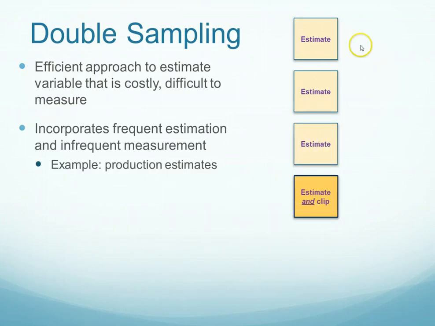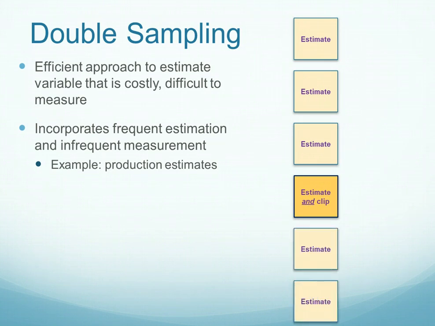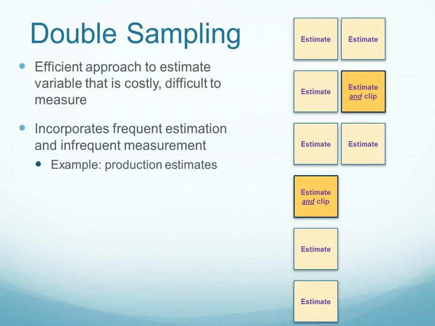We have estimated production in 3 of them, so that's the frequent estimation, and in the 4th one we estimate and then we clip or harvest all of the vegetation out of that quadrat. That's the infrequent measurement. We then repeat this process of frequent estimation and infrequent measurement.